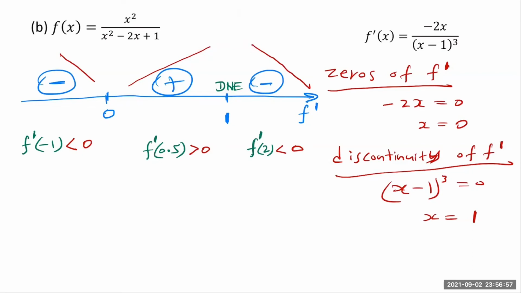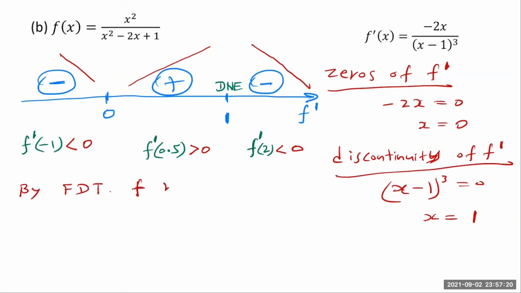First of all, I can apply the first derivative test here because the derivative is negative to the left of that point and positive to the right of that point. That means I should have a local minimum at x is equal to 0 by the first derivative test.